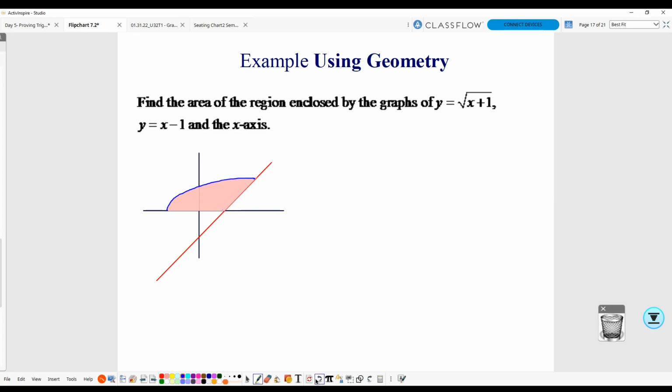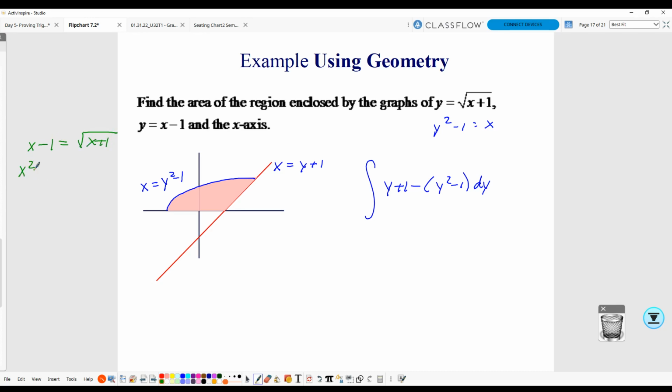So just doing this in the right side minus the left side, the right side in terms of x, this side in terms of x, square both sides and subtract 1, x equals y squared minus 1. Right side minus the left side, and where do the y values meet up? Where does x minus 1 equal square root of x plus 1?